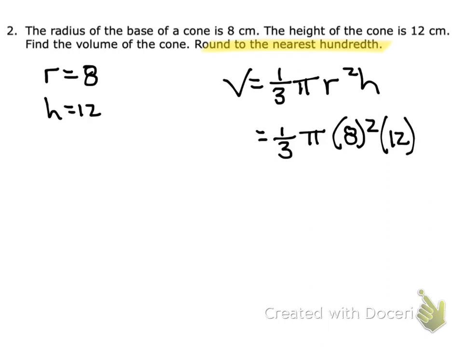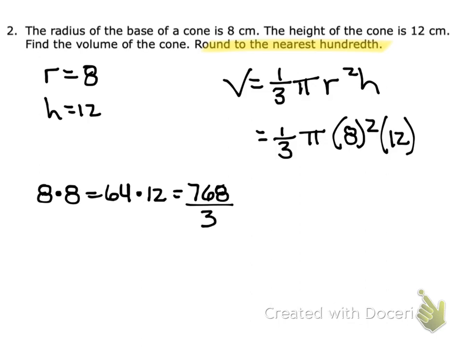Okay, when we are calculating this, we are going to do 8 times 8 first and get 64. Then we're going to multiply by 12 and get 768. Now, when we're multiplying by 1/3, what that means is we're dividing by 3.